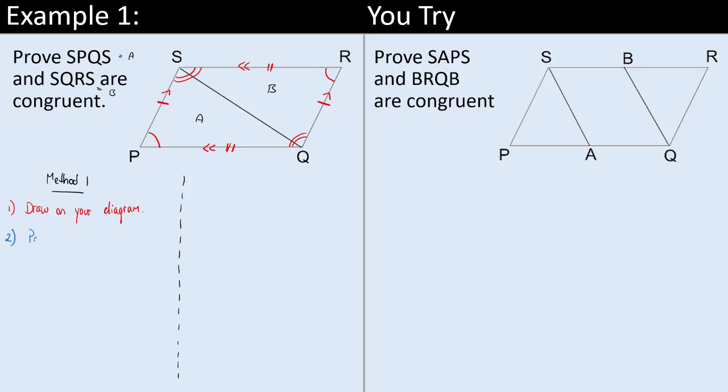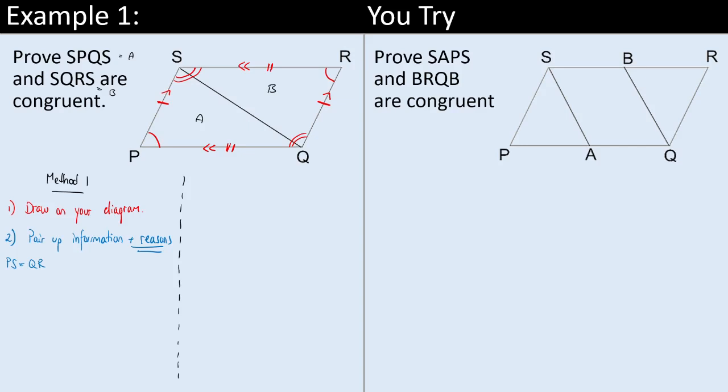Next thing, I want to pair up my information and reasons. Okay. And it's that second part that is really important. You've got to present it with your reasons. So, what do we know? We know that PS equals QR. Now, it's not good enough for us to just say that PS equals QR.